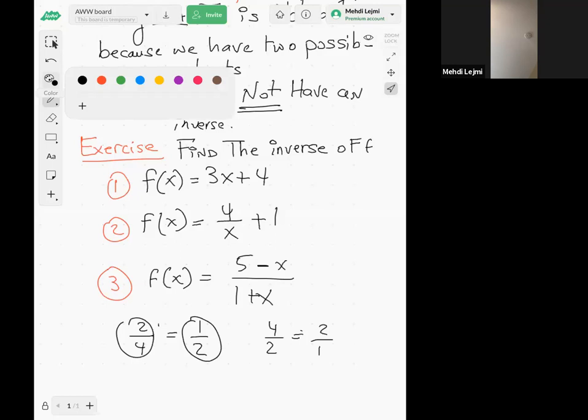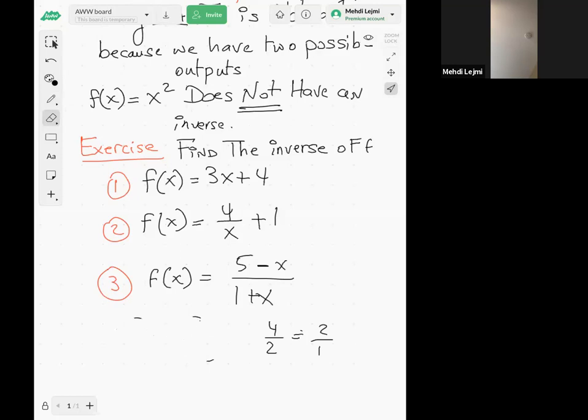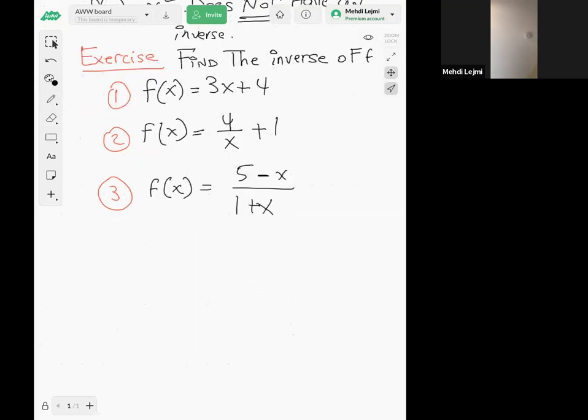All right, let me solve number 2. First, we have f of x equals 4 over x plus 1. The first thing, we replace f of x by y.